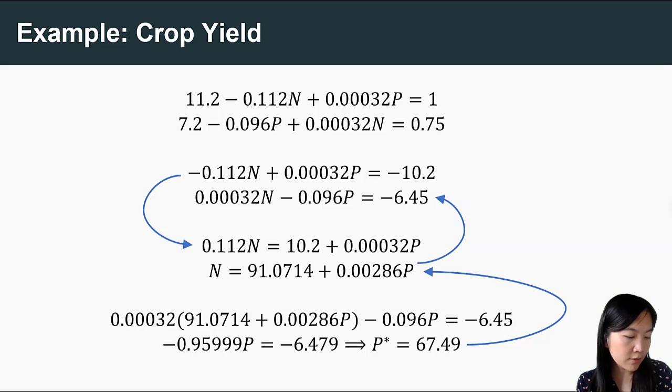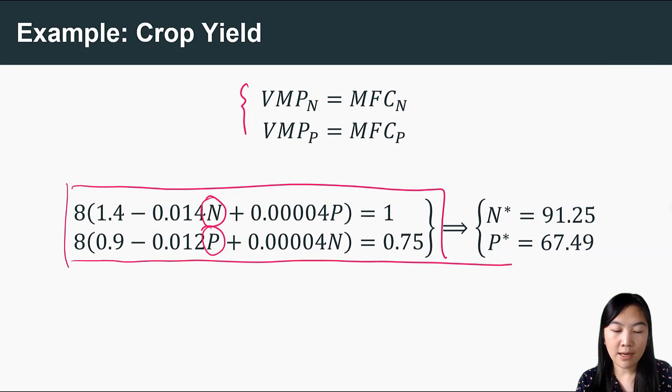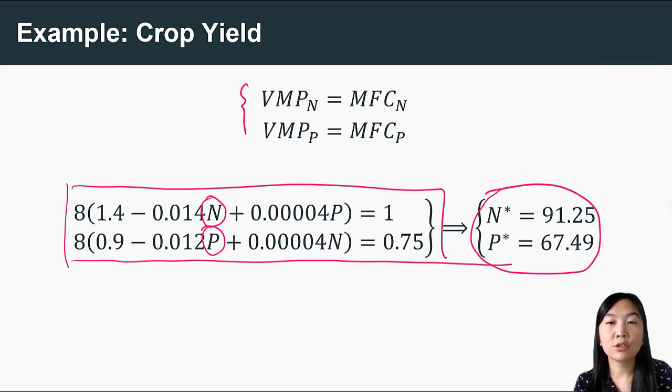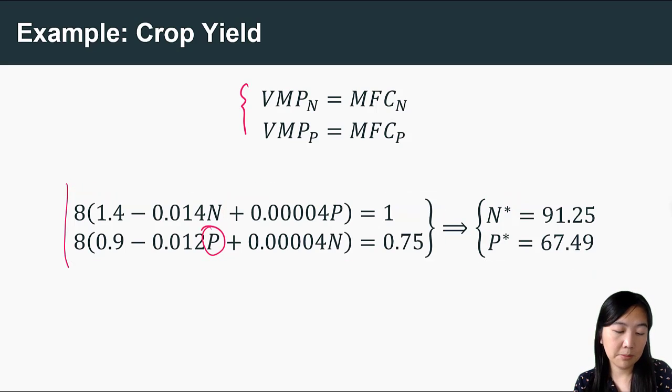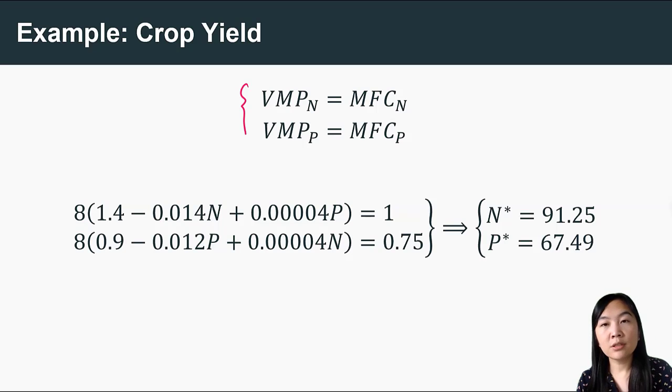If you go over all of those steps, you should be able to get the two optimal levels, one for nitrogen and the other for potash. Once you have solved your input use levels from the optimality conditions, you put a star there to indicate that it's the optimal input use.